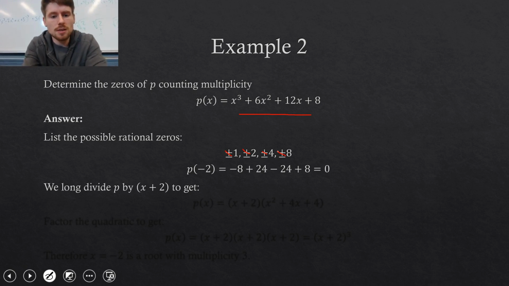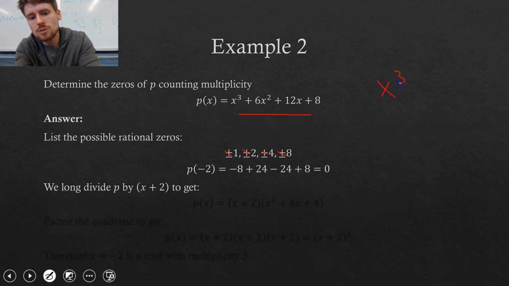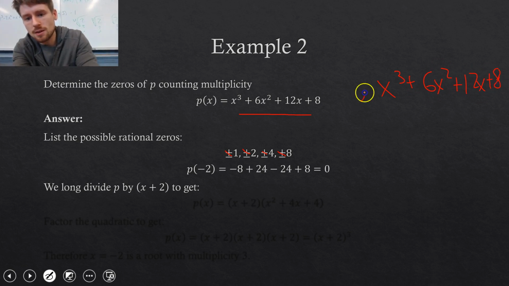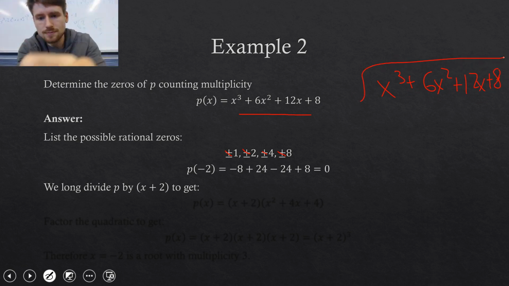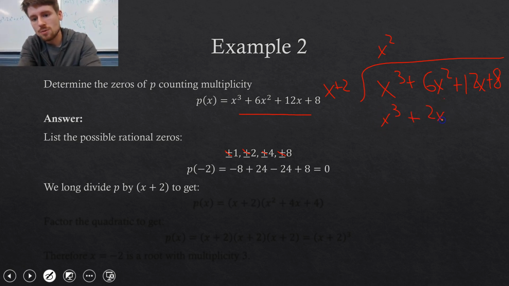So we'll long divide the polynomial by x plus 2. So we have x cubed plus 6x squared plus 12x plus 8, and we'll long divide it by x plus 2. And so x goes in, we're going to do x squared, and that's x cubed plus 2x squared.